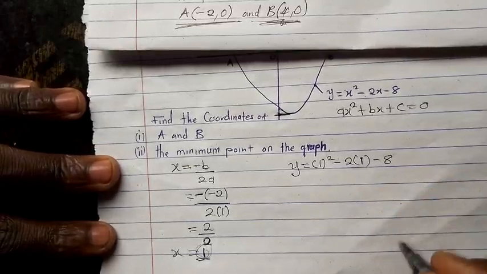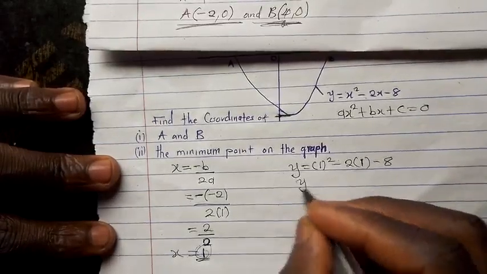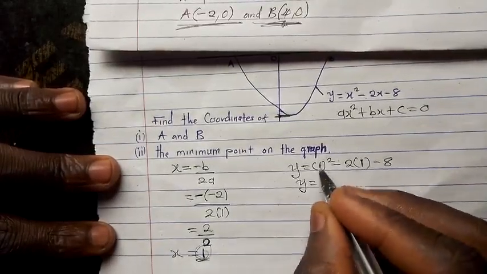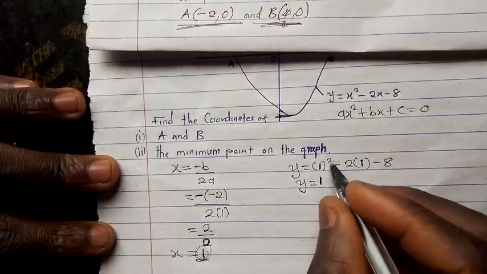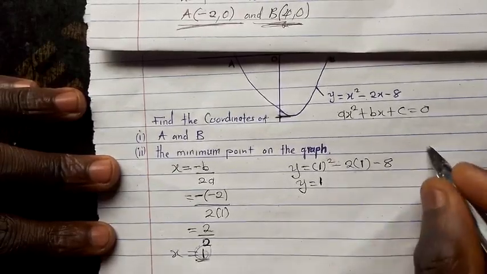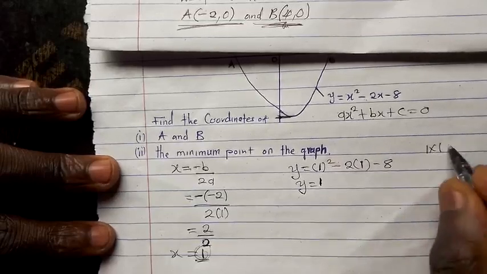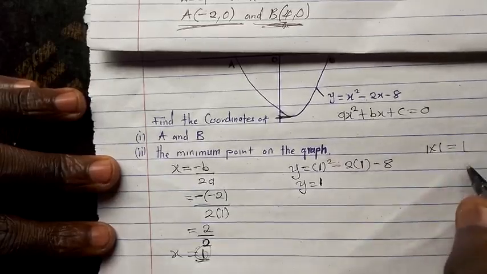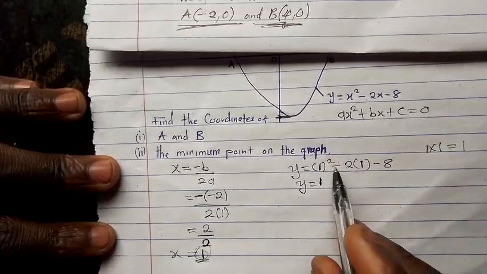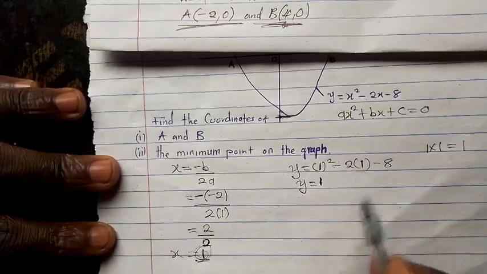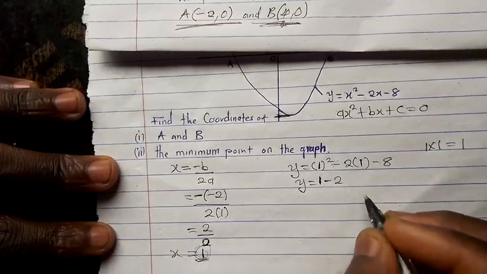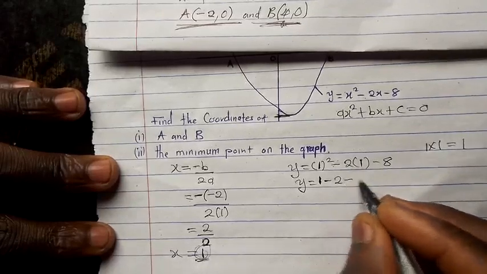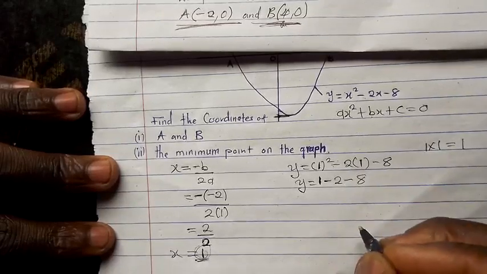Then from there now, y is equal to 1 to the power 2, it is 1. So in this part it's more like you're multiplying 1 multiplied by 1. Then the answer is going to be 1. Then negative 2 multiplied by 1, I'm going to get negative 2, minus 8.